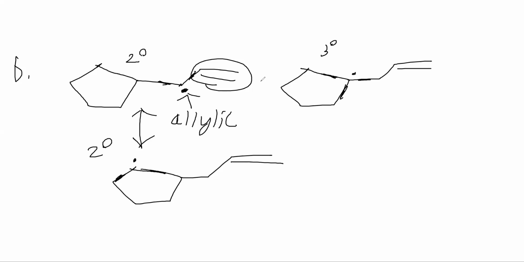But in terms of a stability trend, for number 3, I'm just asking to rank the stability of the radicals. So we're just looking at the radicals and the alkenes are all the same here. But the trend is something like, you get it, but I'll still go ahead and say it.